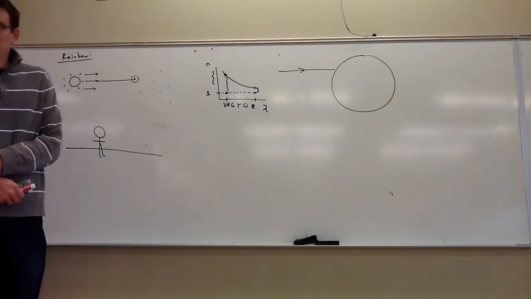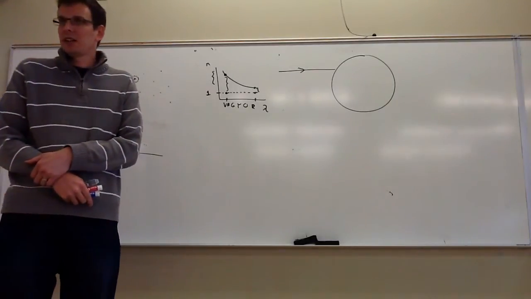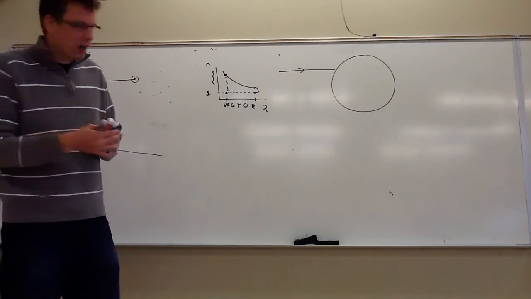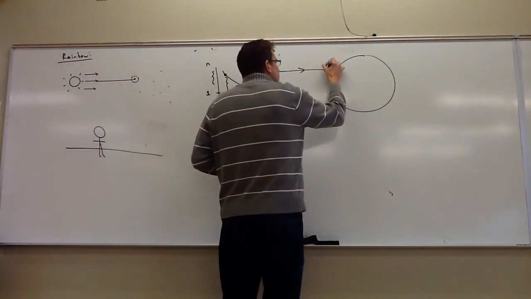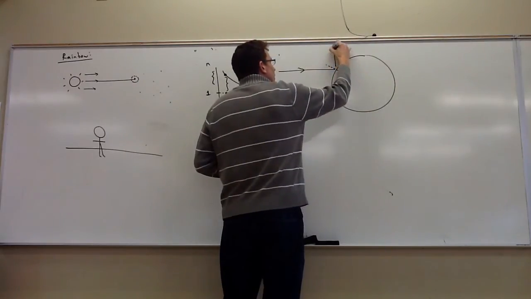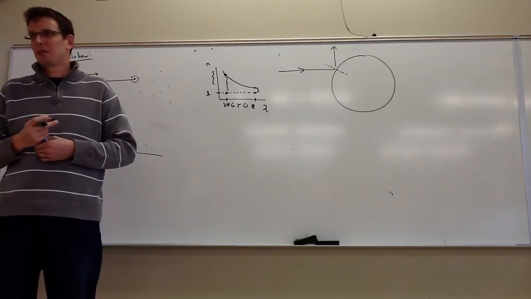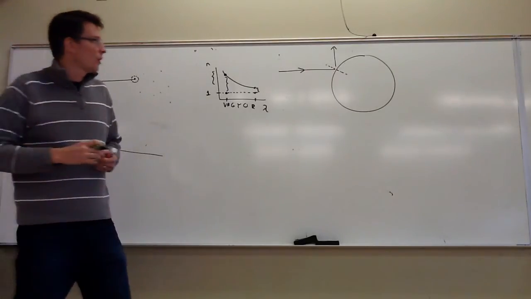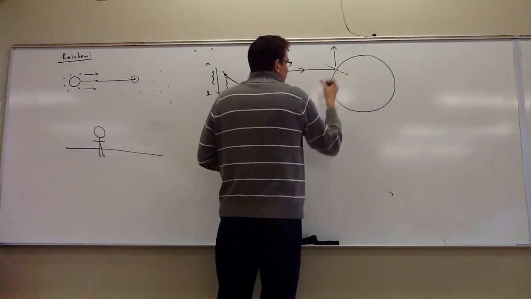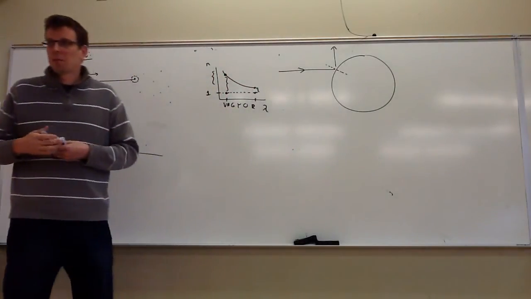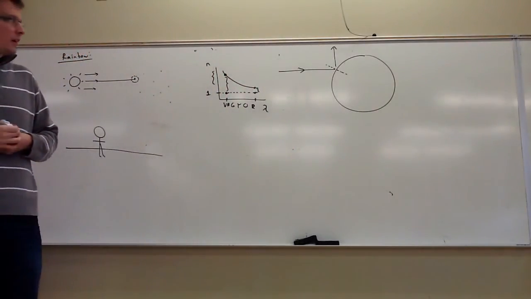At every interface, it's possible for some light to reflect and some light to refract, but here, I really don't care about the light that bounces up because that's definitely not going to get to me. That just goes up into the sky. I'm not going to observe that. So I'm going to, of course, chase the part of the light that goes in.